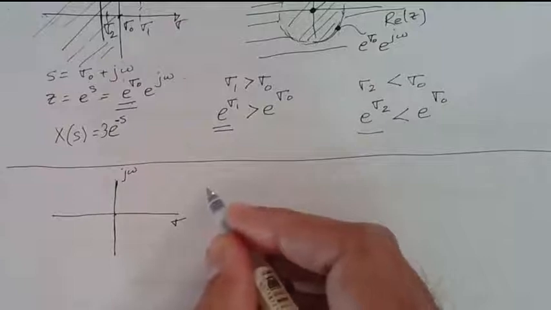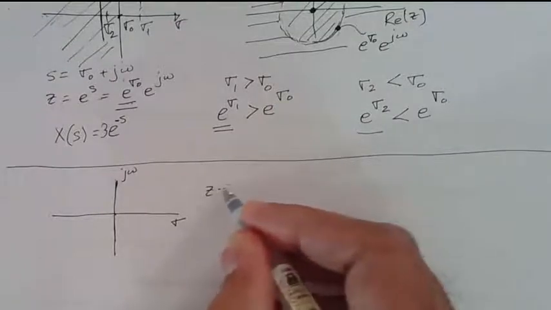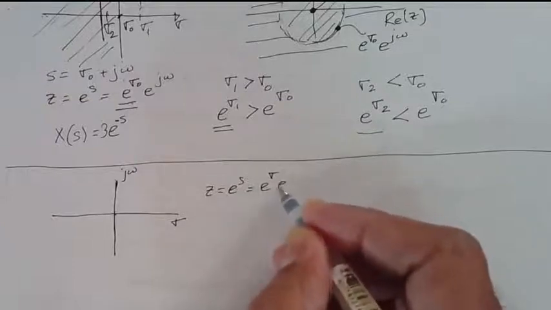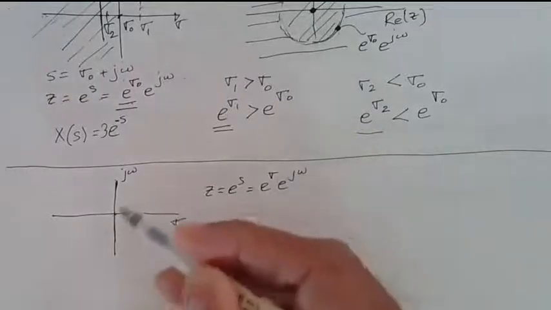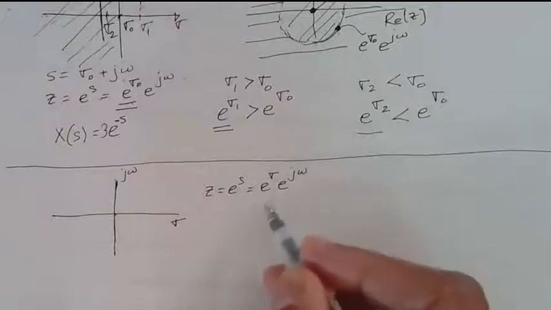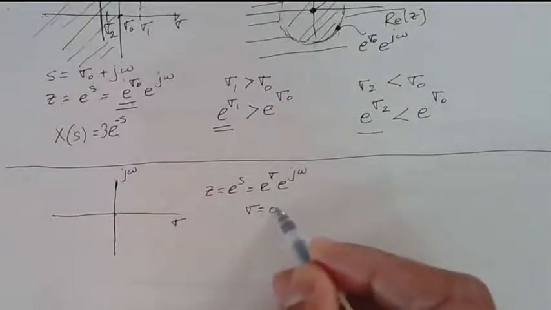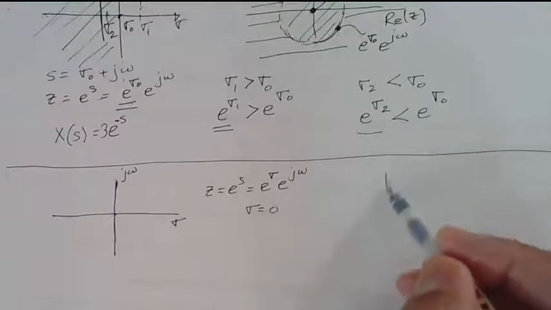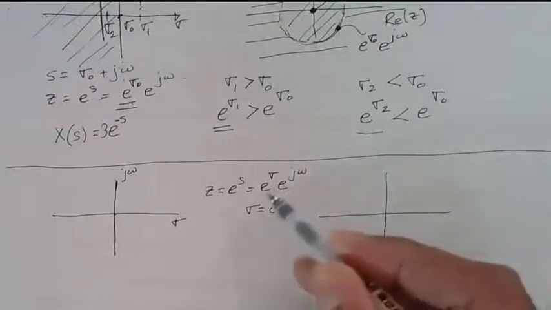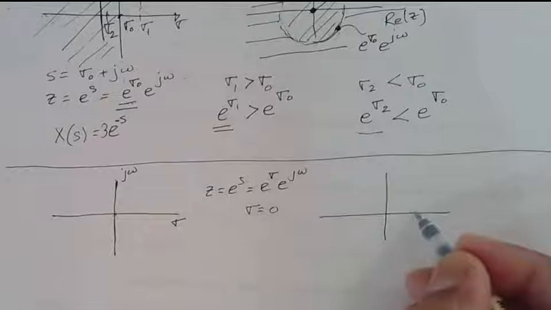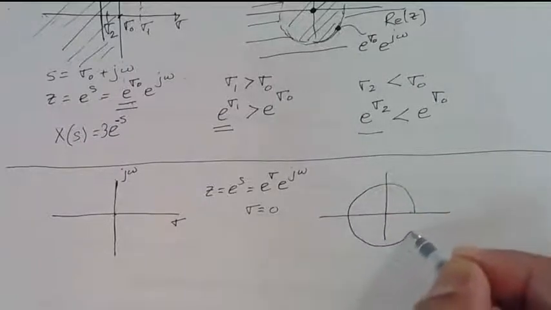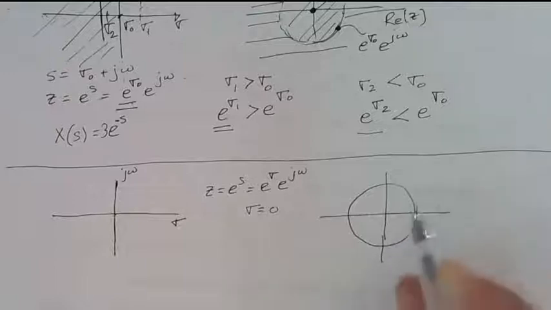Remember the mapping is z equals e to the s, which is e to the sigma, e to the j omega. The j omega axis is where sigma is equal to 0. Plugging in sigma equals 0, we get e to the power 0, which is 1, as the radius, and that's the unit circle. So the j omega axis maps into the unit circle.